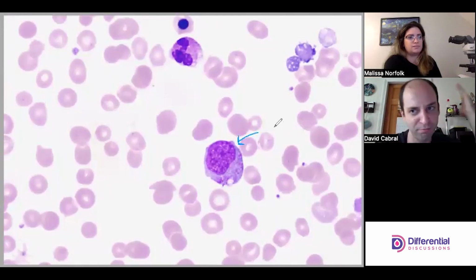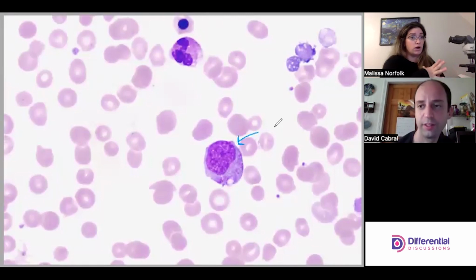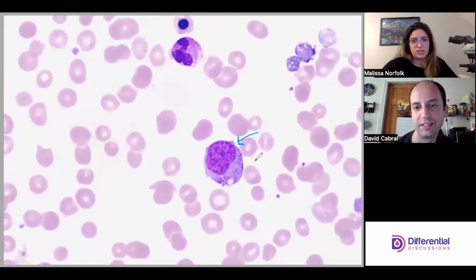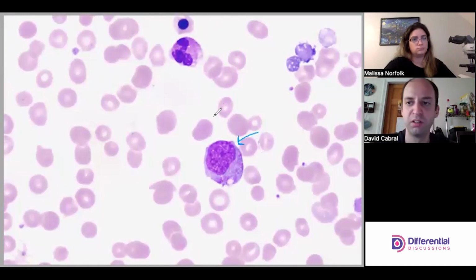You can just have pros happen because they happened. It could be part of the malignant process if the patient has myeloid involvement in the neutrophilic lineage and the platelet lineage, or it could just be a normal pro that escaped. We can't distinguish, and then it just has a vacuole in it. That's all this guy is, and any cell can have a vacuole. But the nucleus is pretty consistent with what I would expect from a pro.